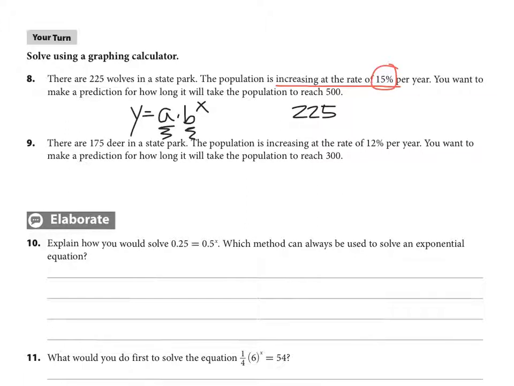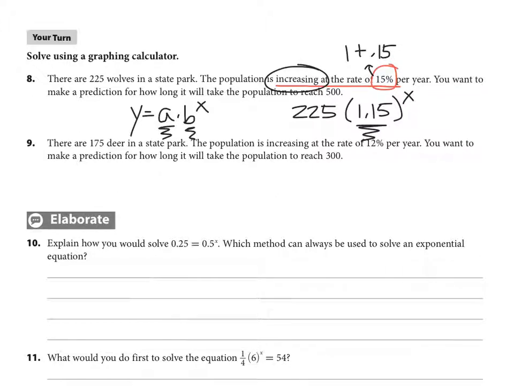Now, because this says it is increasing, that means our b is something bigger than 1. So it's 1 plus something. Now what's that plus? It's the 15%, but we don't put a percent, we put a decimal. So if we do that, 1 plus 0.15 is 1.15. So if it ever says increasing as an exponential, then that b has to be something bigger than 1.